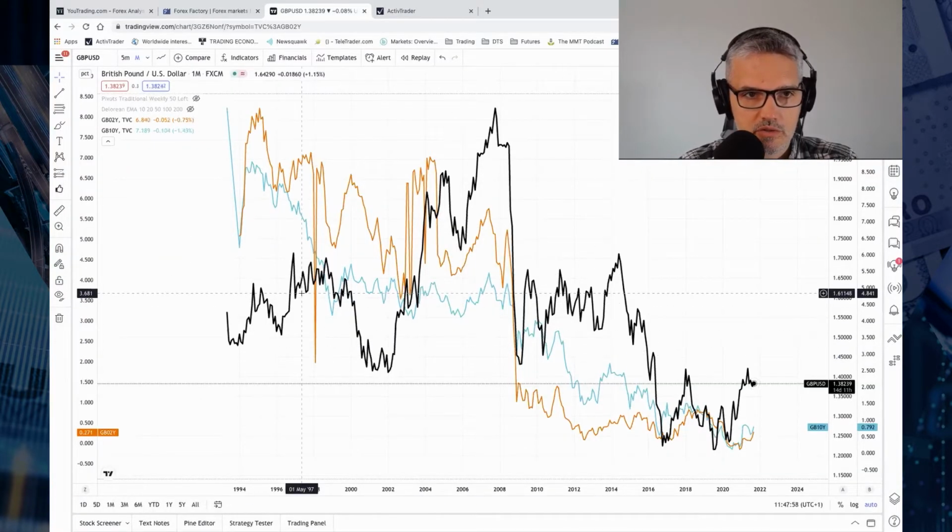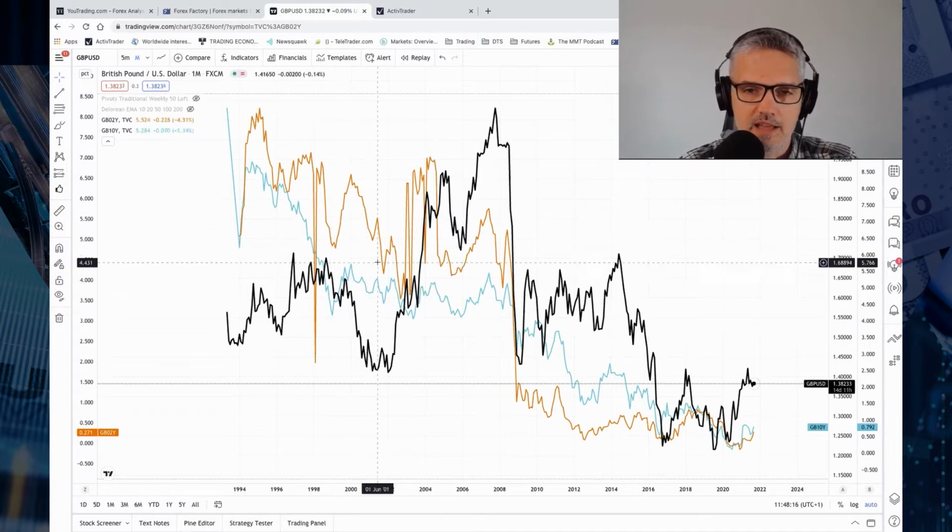Now, if we go to a chart, basically the black line is the British pound since 1994, and then the orange and cyan lines are the 2-year yield and the 10-year yield. So these are like the interest rates that go with the fixed income.